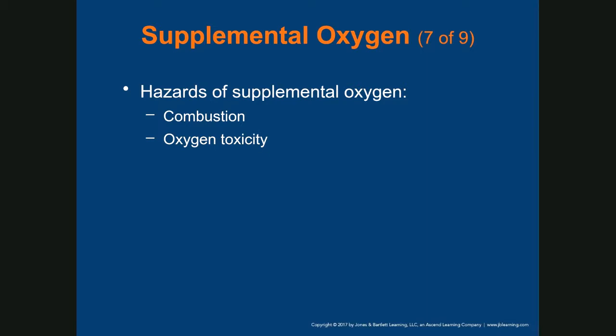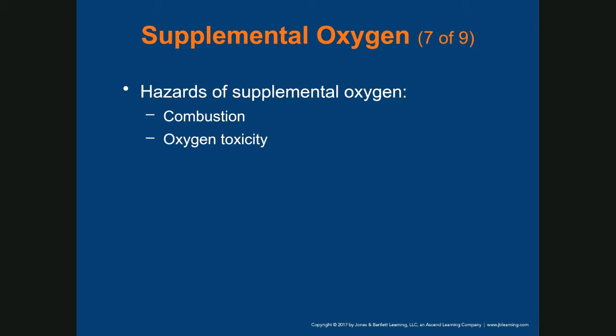It supports combustion, right? So if a fire can get oxygen, it will certainly get worse. And then you have what is called oxygen toxicity. We don't want to over-oxygenate the patient because that can create free radicals.